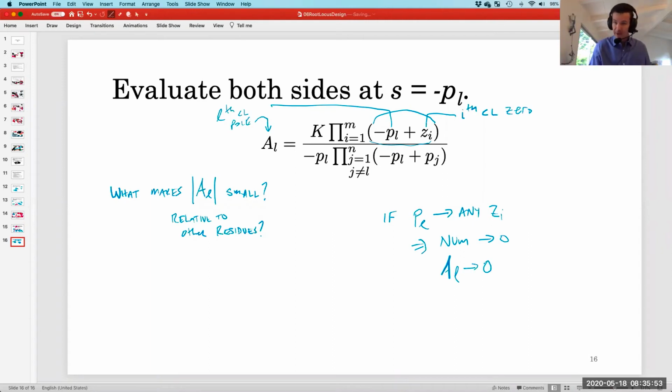Okay, so here we have the answer, finally. What is the effect of closed loop zeros? Well, what is one effect of closed loop zeros? That is, if any of your closed loop poles are close to any of your closed loop zeros, their residues are small. Their effect on the step response is small.